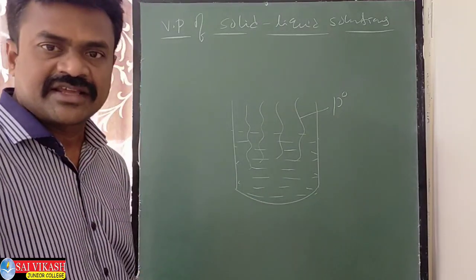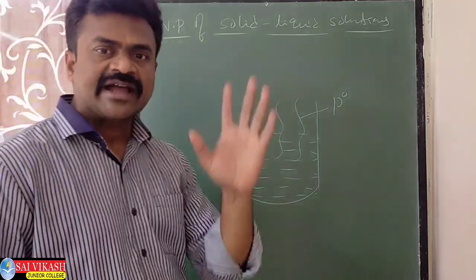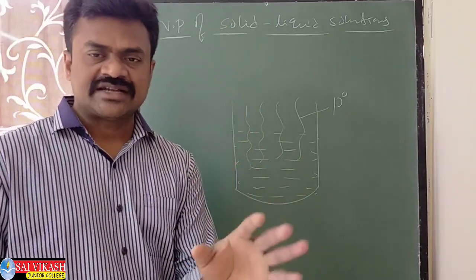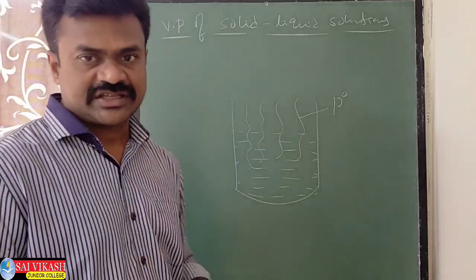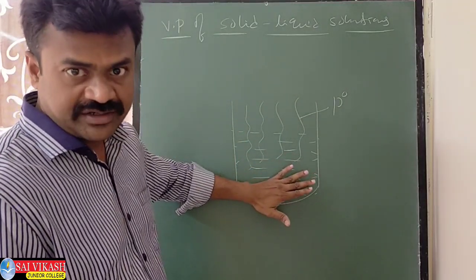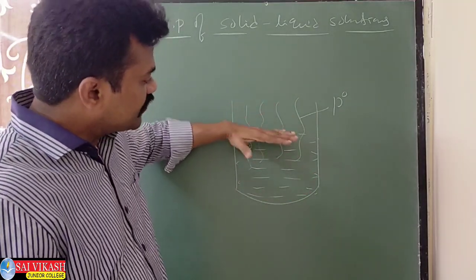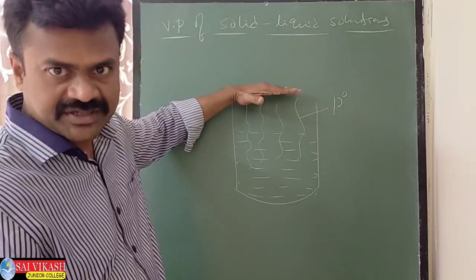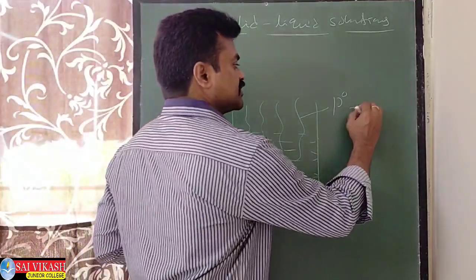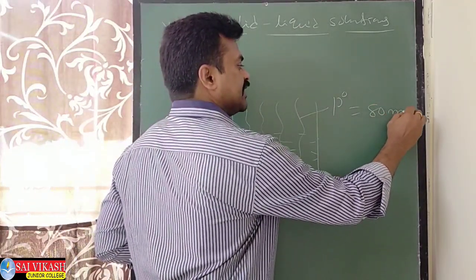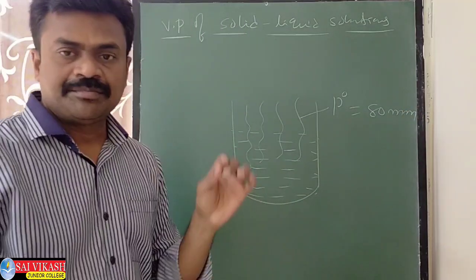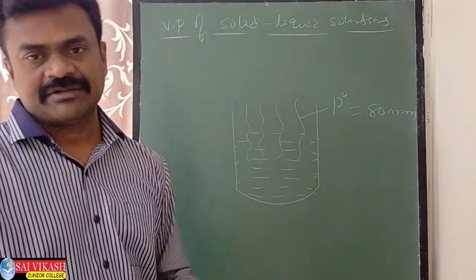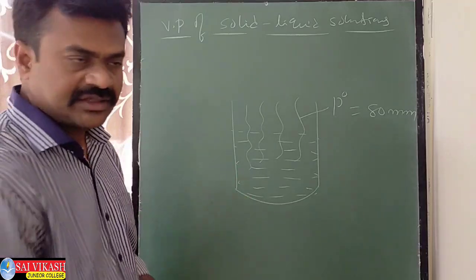To understand the concept, I am taking some values here. I have taken some solvent. It has its own vapor pressure, which I am taking as 80 mm. P naught I am taking as 80 mm. Now see what I am doing.